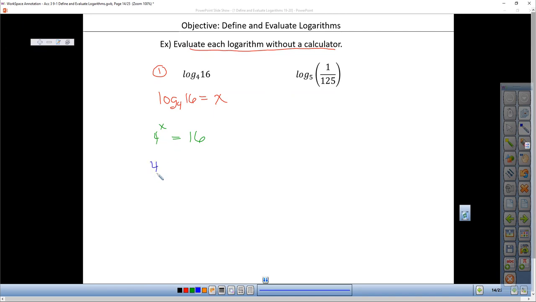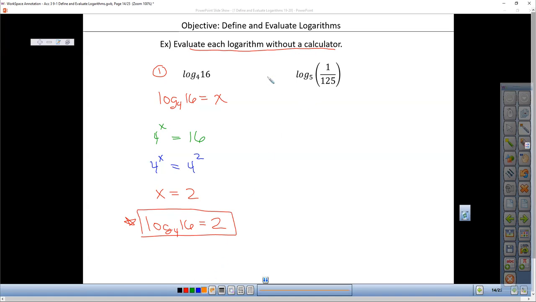So this would be 4 to the x, and 16 we know is 4 squared. So now, since the bases are both 4, we can conclude that the x must be equal to 2, which, remember, is the value of our logarithm, so our conclusion would be that log base 4 of 16 equals the exponent value of 2, like so.